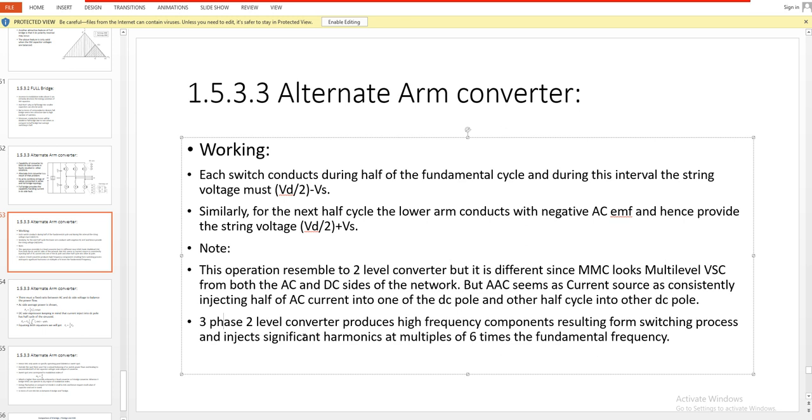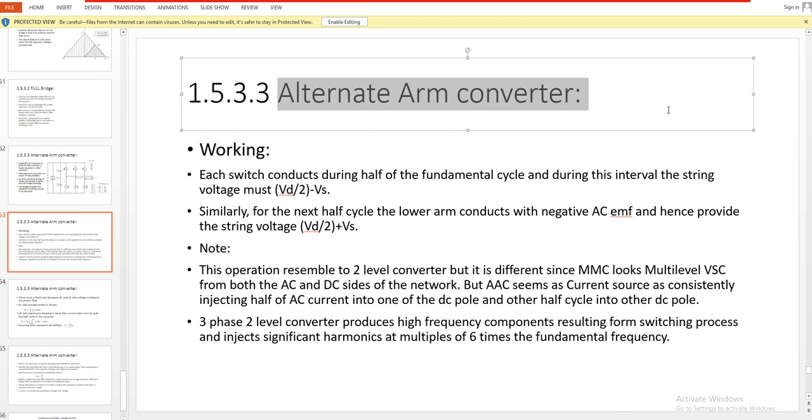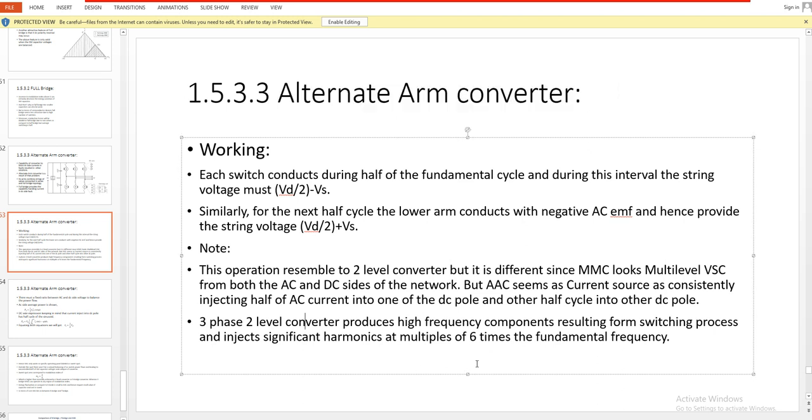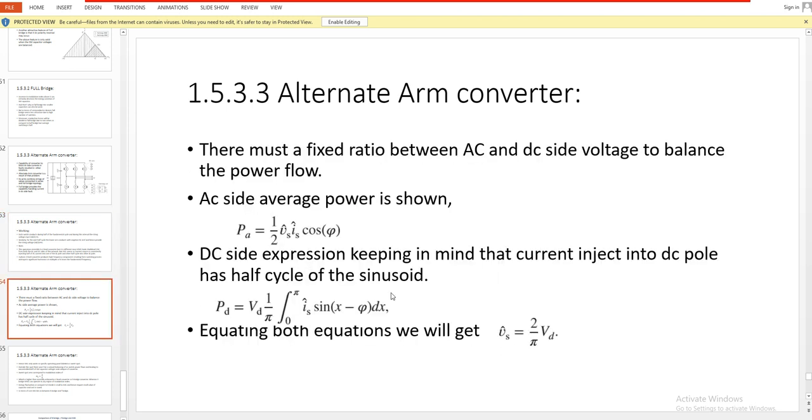So a three phase two level converter produces high frequency. If we are using an alternate arm converter with three phases, it basically injects harmonics that are multiples of 6 times the fundamental frequency.